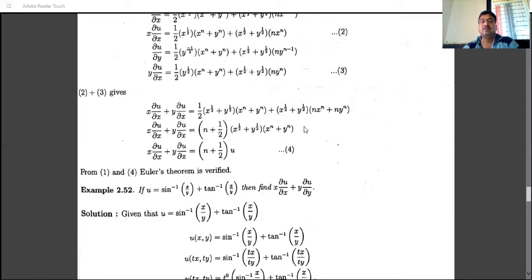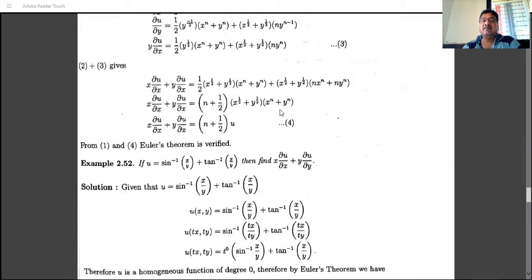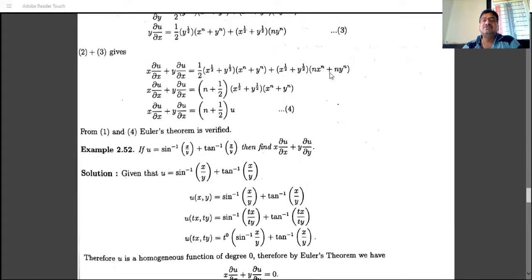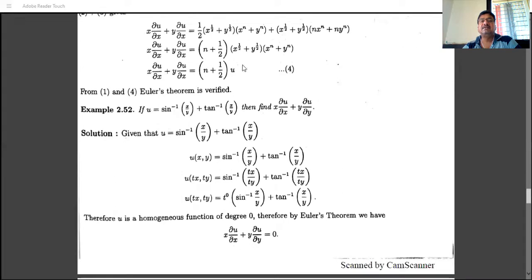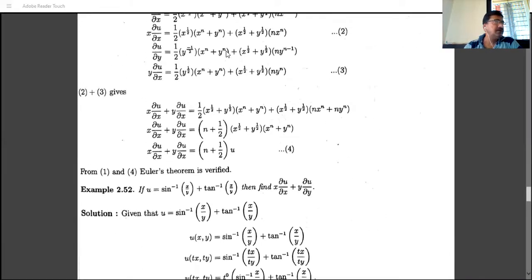Taking these common, we have 1/2 at one place and n at the other place, that is n plus half, times this function, which is u.